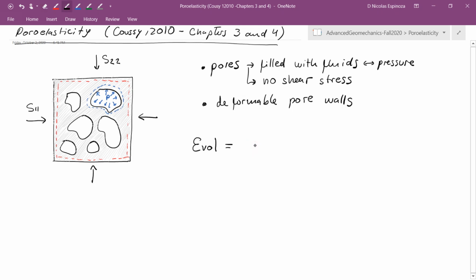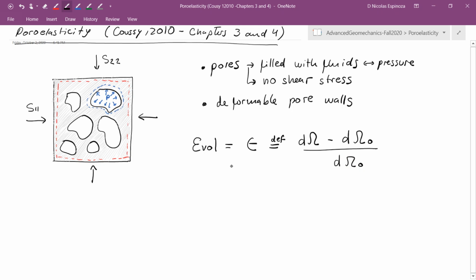Let me write it again. And by definition, this volumetric strain is equal to the bulk volume, which here I'm going to call this differential omega, minus the original volume, this differential omega naught, divided by the original volume.